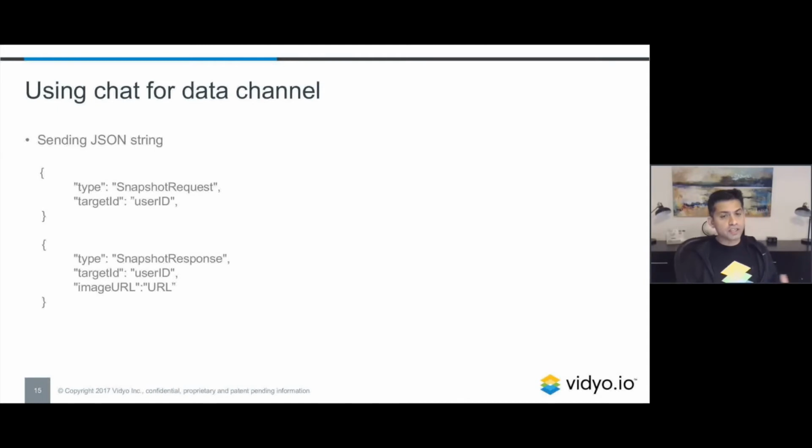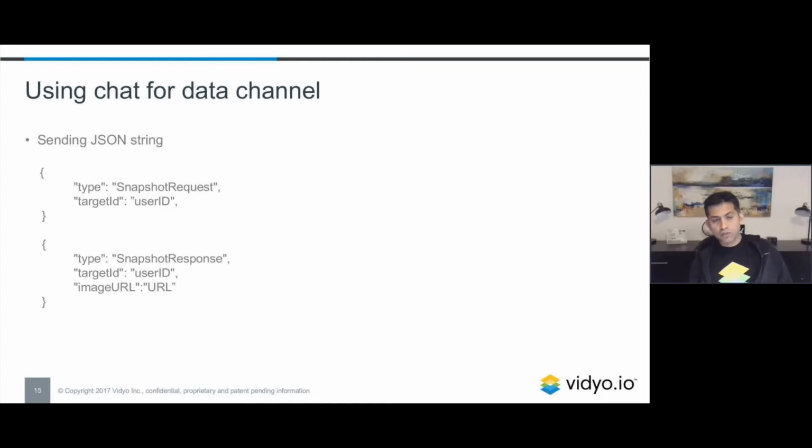Another use case of using this chat as a data channel is sending files or images. In my example, which I just showed between the JavaScript and iOS, I used this string to send information about a particular request.